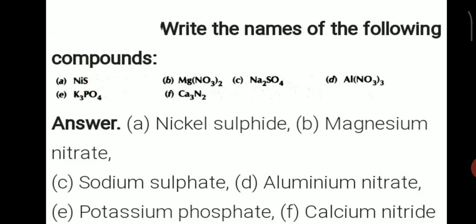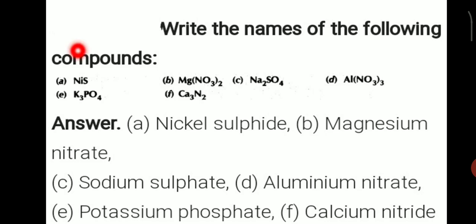Suppose the question is NiS, how will you name it? Ni, we know the first element is nickel. The following element should be a negative ion, that means it will be an anion. We know that anions have their names written in another way.